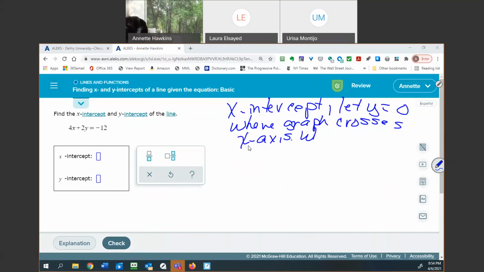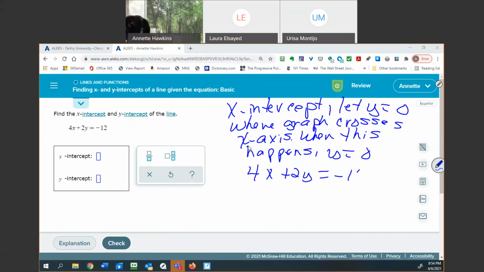When this happens, y equals 0. So 4x plus 2y equals -12.